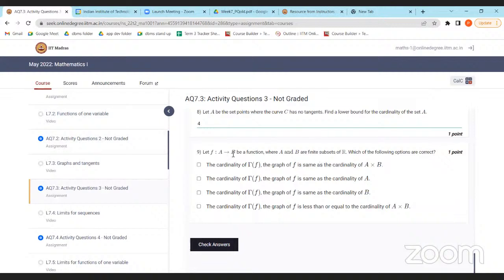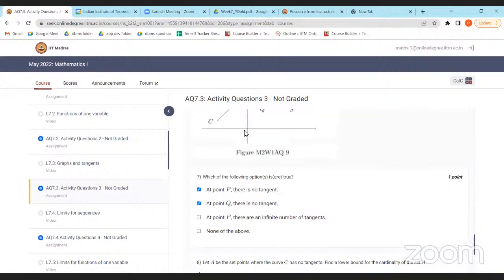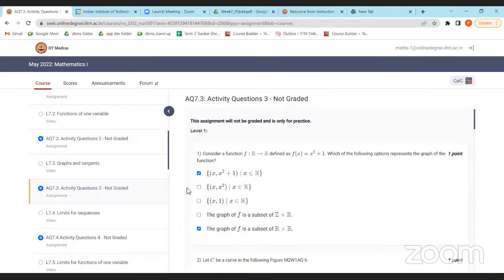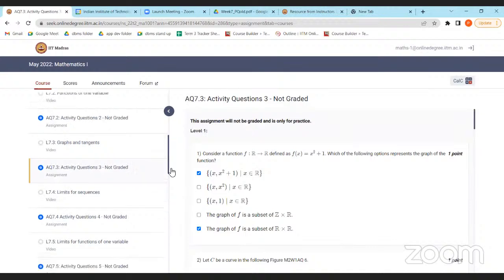Basically A is the domain and B is the codomain, right? So the cardinality of F will be the same as the cardinality of A only, since it is how many values the domain can take. And the cardinality of F is less than or equal to the cardinality of A cross B. Okay. Any other doubt?